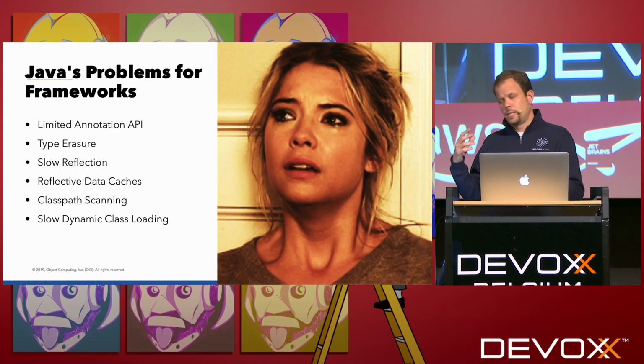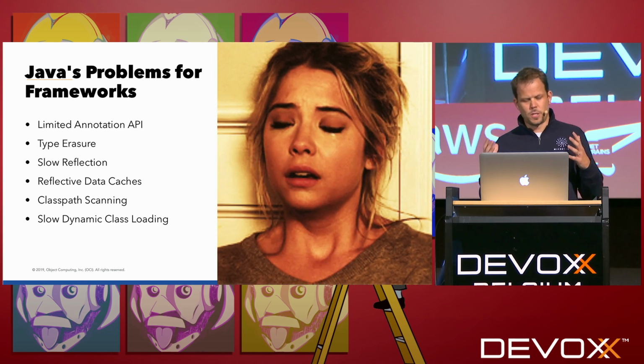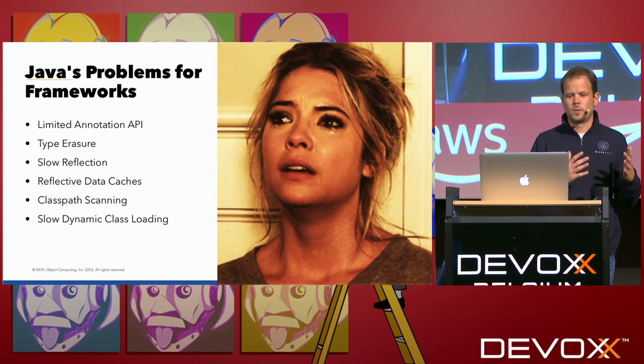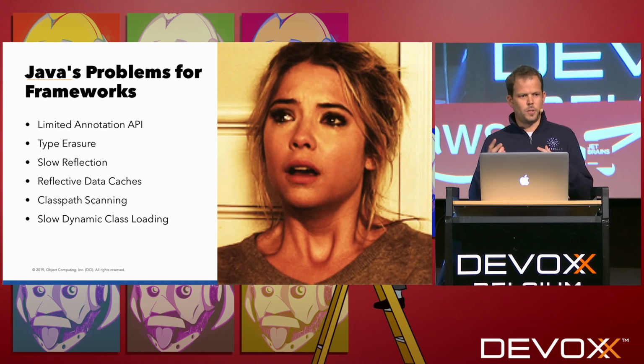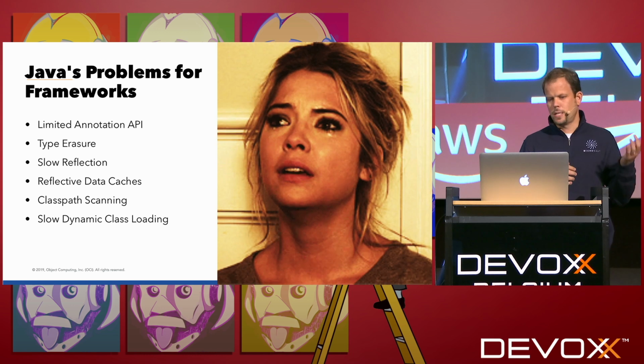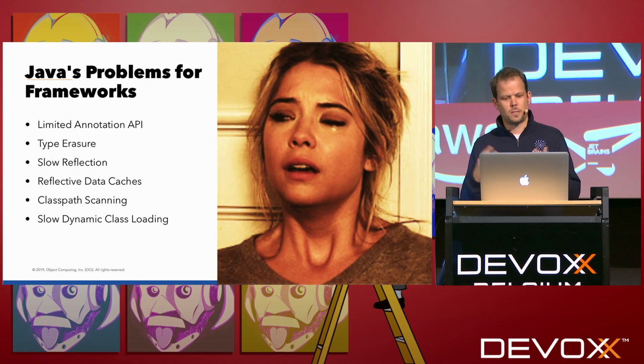So things like the limited annotation API in Java. Java has annotations, but they're very much limited: there are no APIs to discover what annotation is annotated with another annotation, like meta annotations.